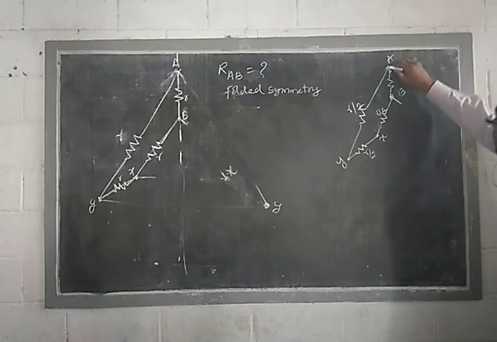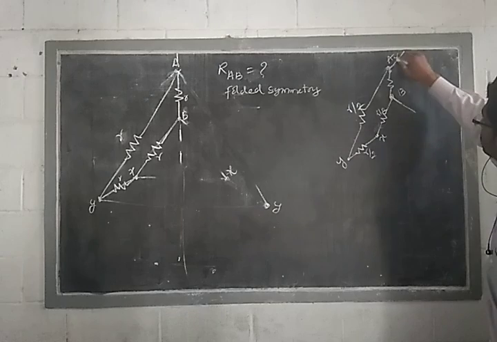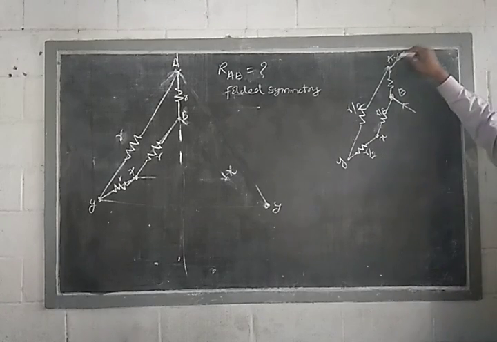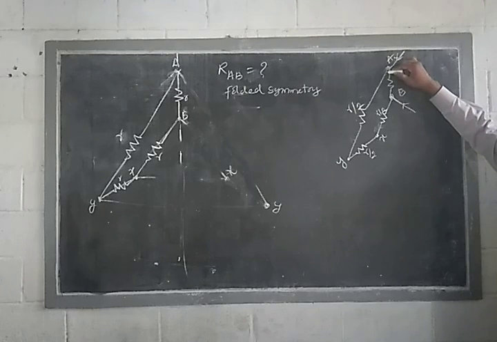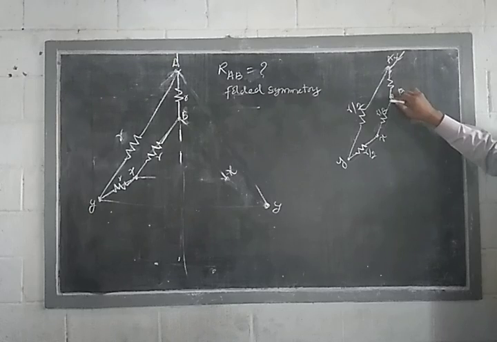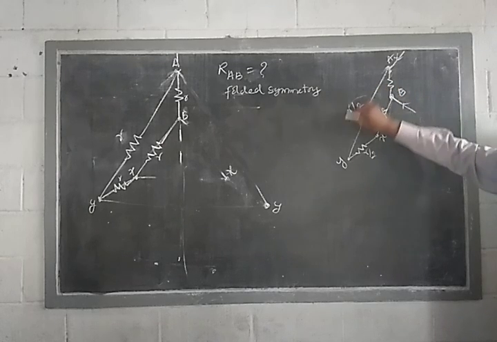Now in between A and B we are calculating resistance. Look at this one. When the cell is connected, the current will be divided into two parts. Then these three resistors are in the same line, meaning these three resistors are in series combination.